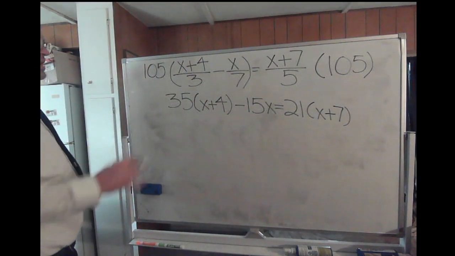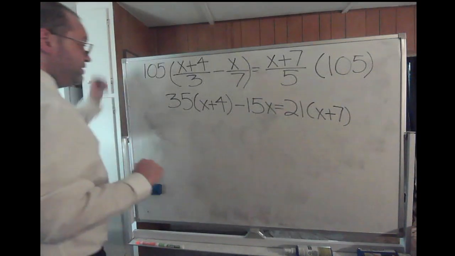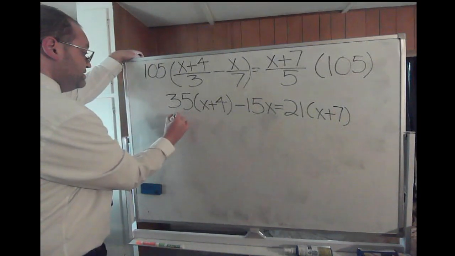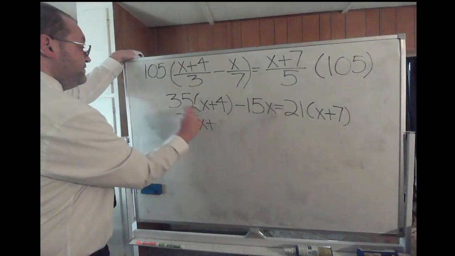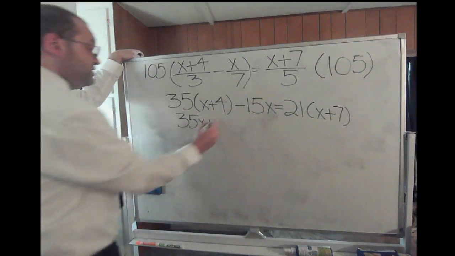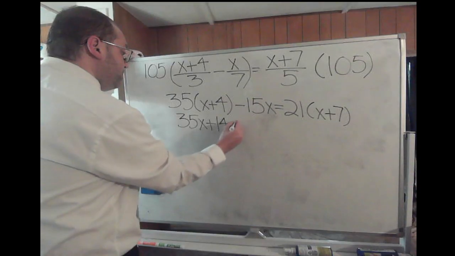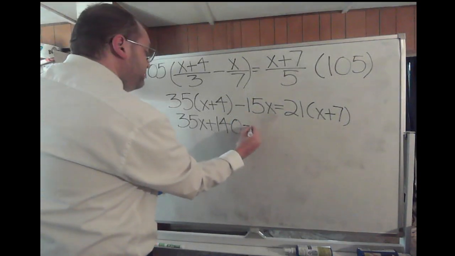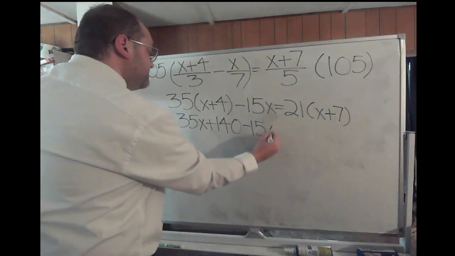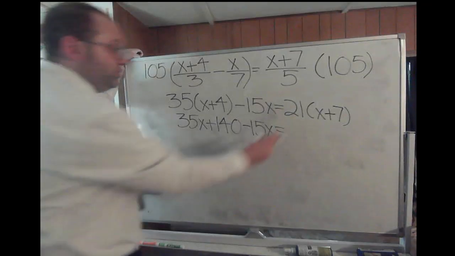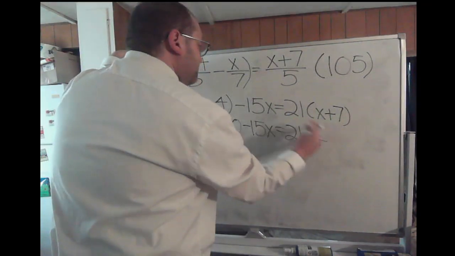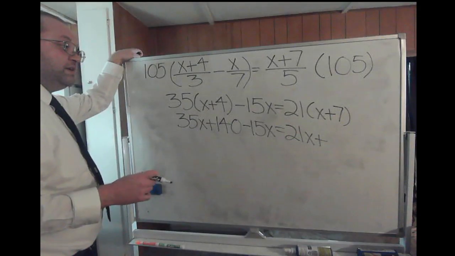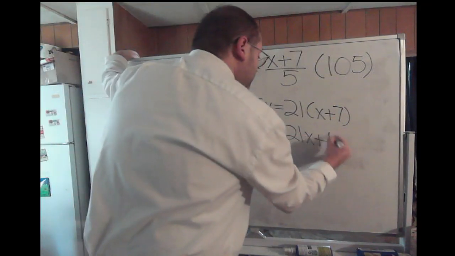Now, let's do the distributive property here on the left. 35 times x is 35x, plus 35 times 4, that's going to be 140, then you have minus 15x is equal to 21 times x would be 21x, plus 21 times 7, that'd be 147.